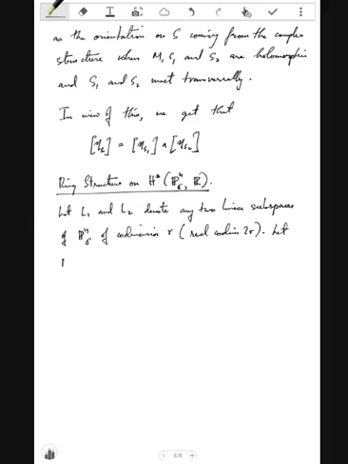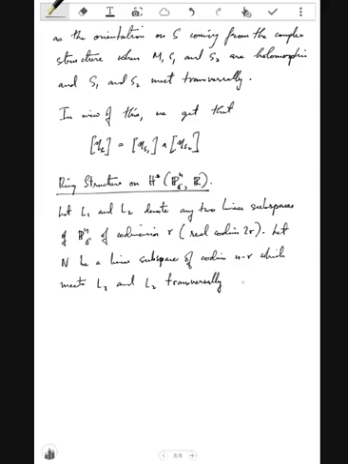Let N be a linear subspace of codimension n minus R, which meets L1 and L2 transversely. So this implies that L1 intersection N is a point, because they are linear subspaces, and L2 intersection N is also a point.